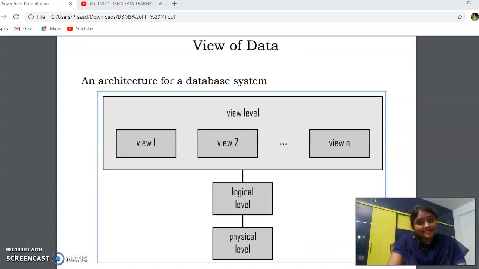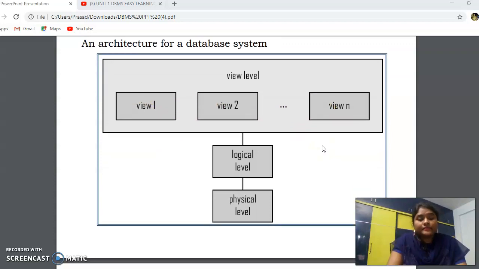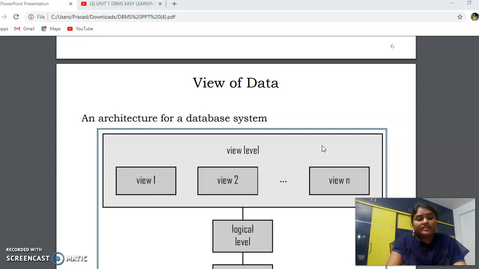Can you see the previous levels of abstraction are shown in the form of a figure? This is the view of data. Can you see this? View 1, view 2, view 3 and so on. That means any number of users can interact in view level. As I said, the database has concurrency.